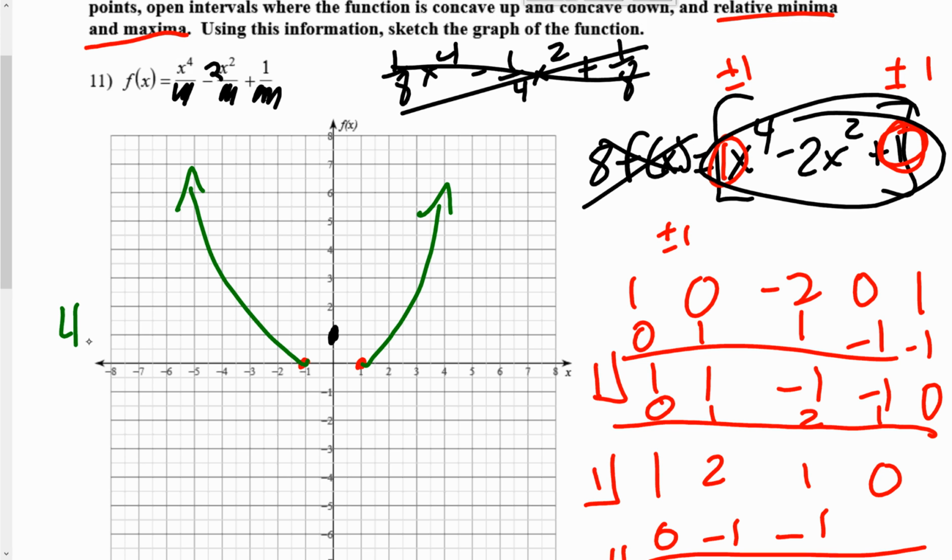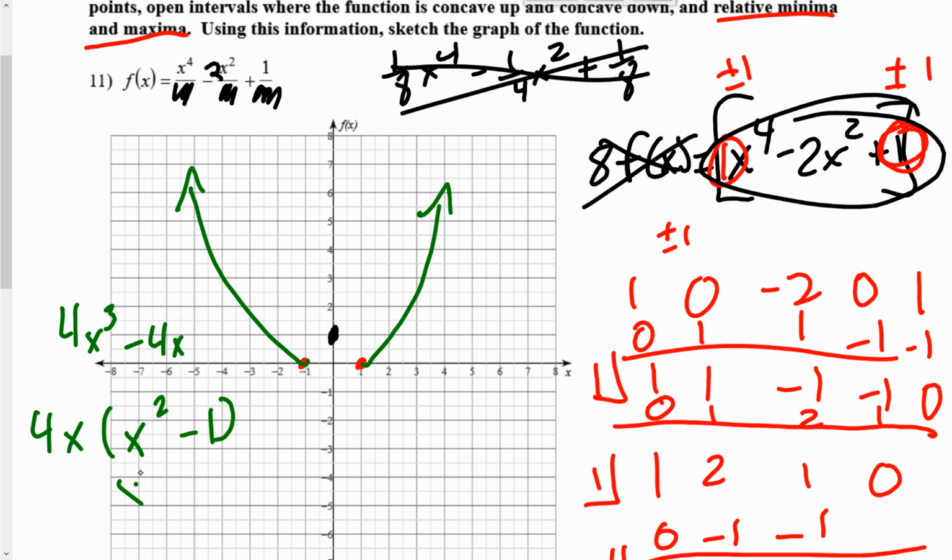So 4x cubed minus 4x. And now I can factor out an x. Why don't I just take out a 4x? So when I take out the 4x, I get x squared minus 1.